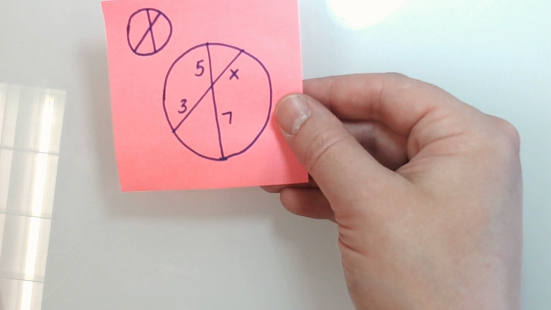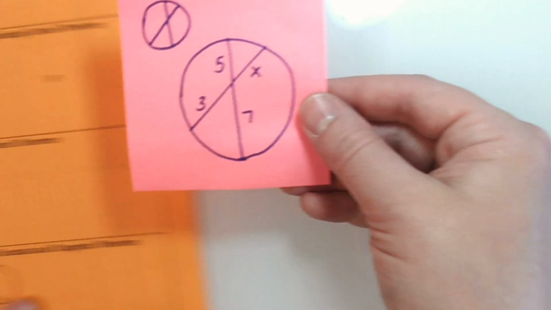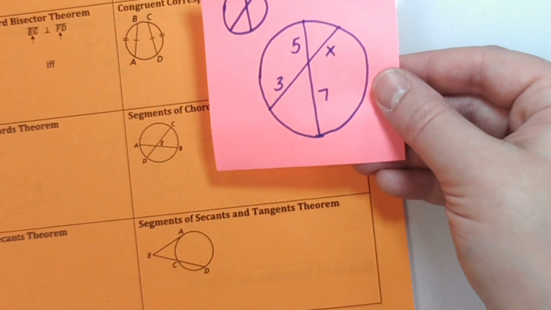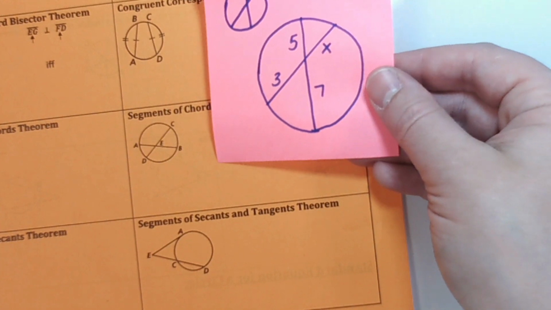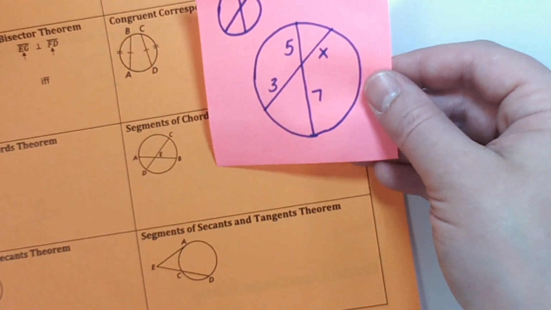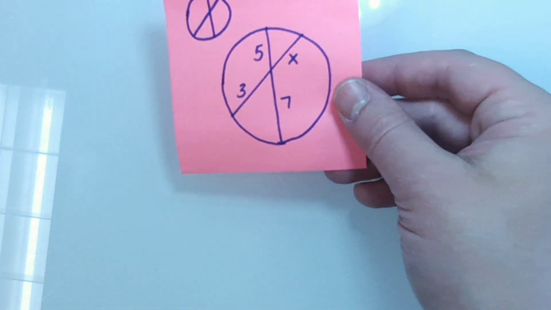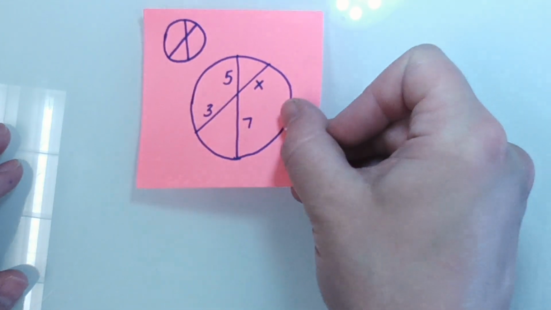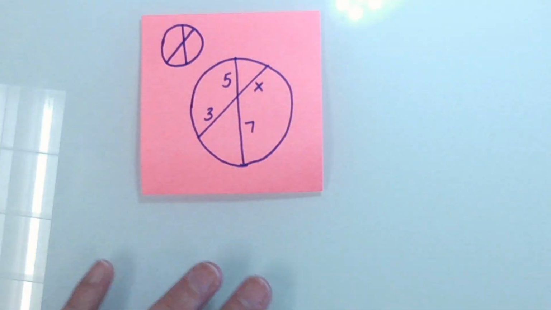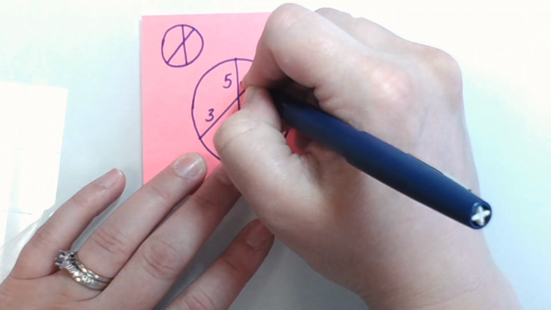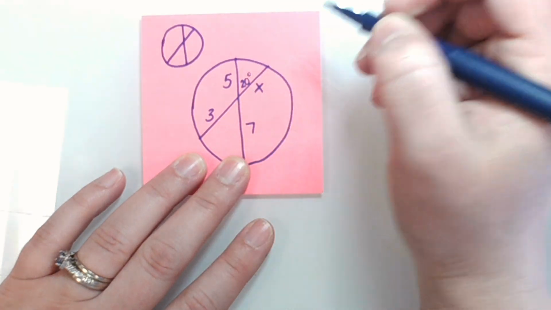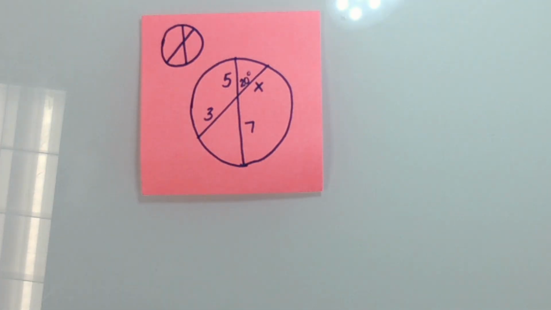Those would be segments, which means you would want to use the segments of a chord. How can you tell something's an angle? If the number's in the angle. It'll be in the corner, and here's another thing it'll have: degrees. A degree symbol. Angles will always have degree symbols. Arcs will always have degree symbols on their pictures.